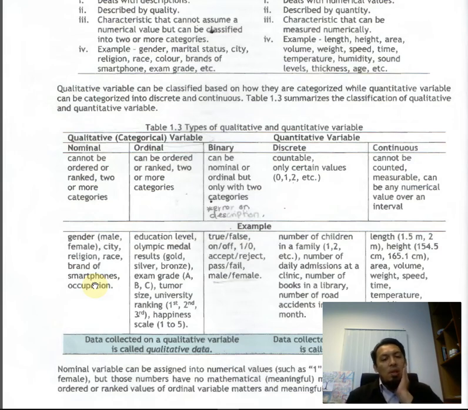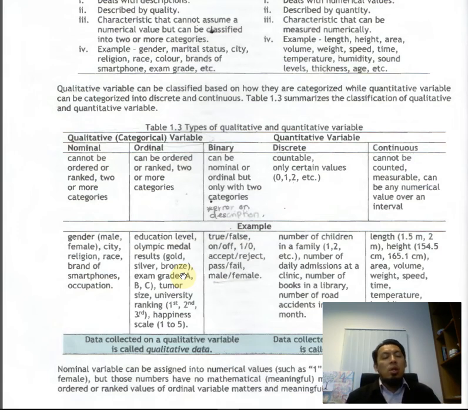So for example, here you have education level, Olympic medal result, and then you have exam grade, tumor size, university ranking. So all of this has information that can be ranked, right? You can arrange it, right? You have low to high, that is ordinal.